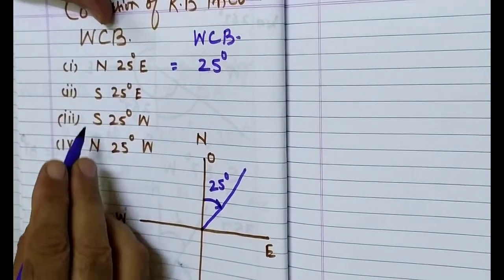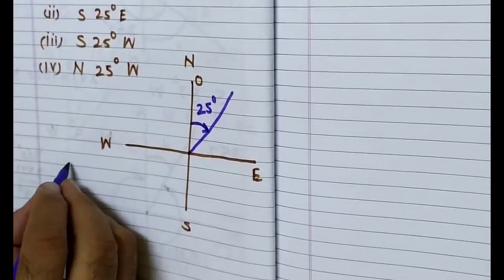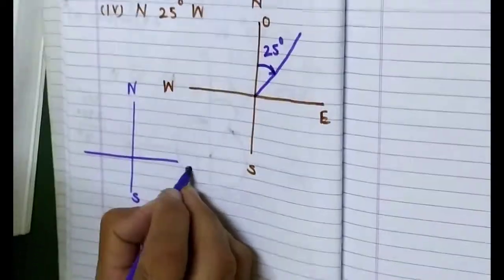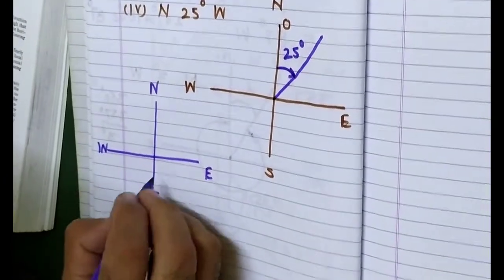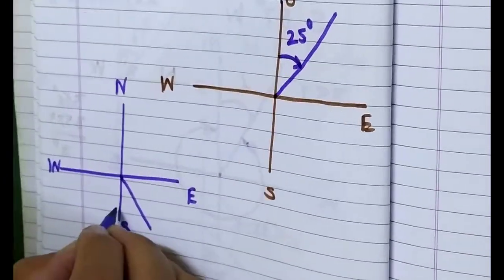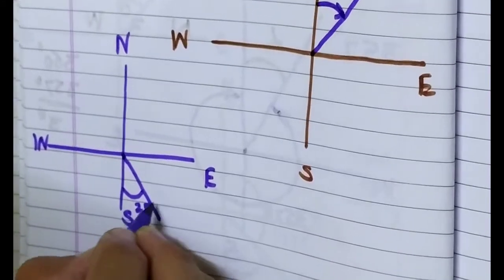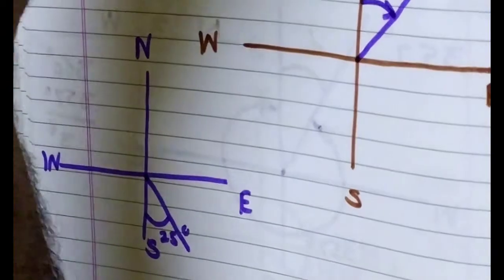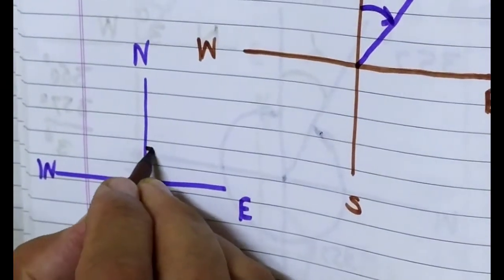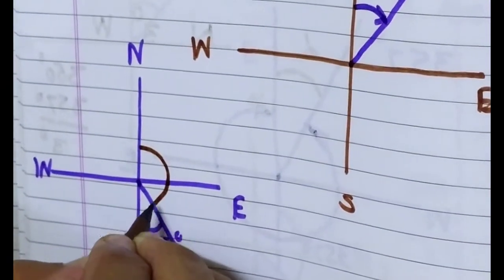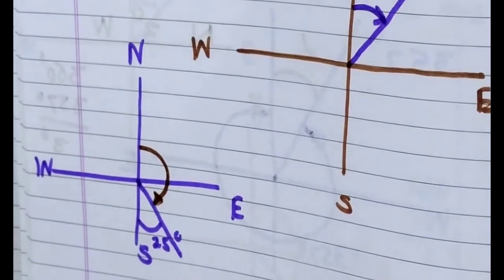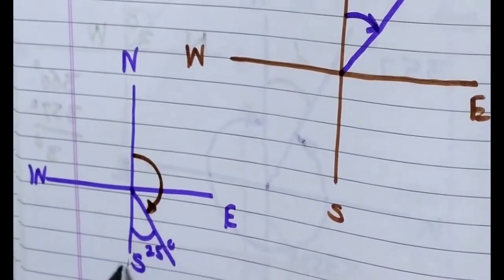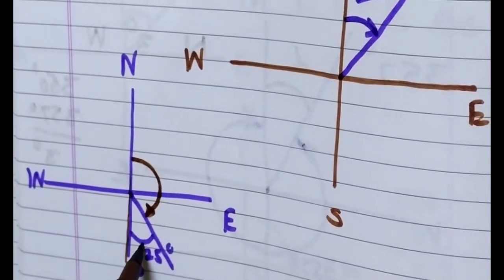Now you go for south 25 degree east. Now this is the angle, 25 degree. So we have to make the angle with the north. So with the north this will be the whole circle bearing line. You have to calculate how much this angle is. The total angle is 180 degree, and from this we deduct this 25 degree.